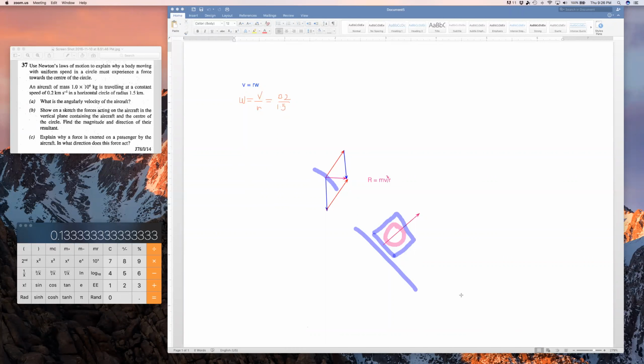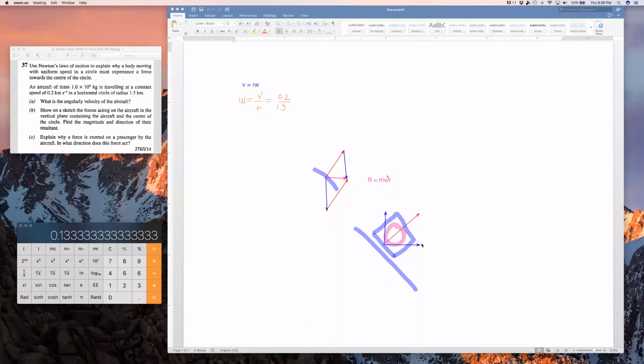Meaning that force will have a horizontal component equal to the centripetal force, and that reaction force will have a vertical component. Right? So that's the force on the passenger. This is the seat of the passenger. This is the reaction force that the seat is exerting on the passenger.